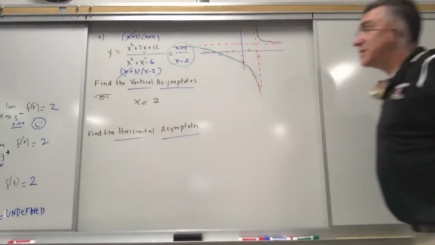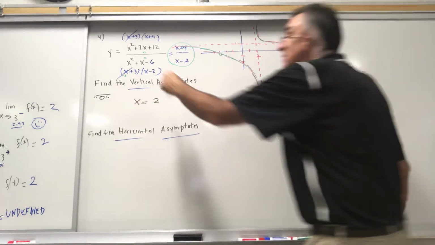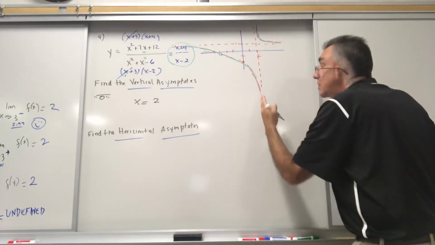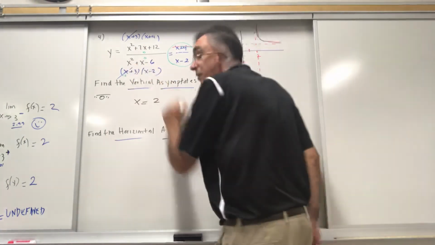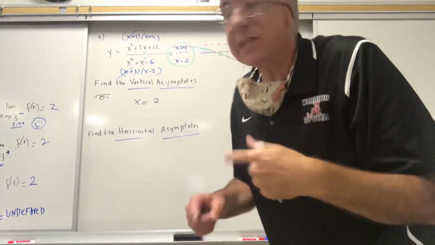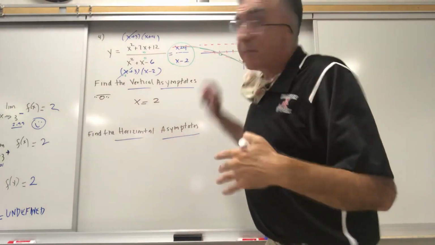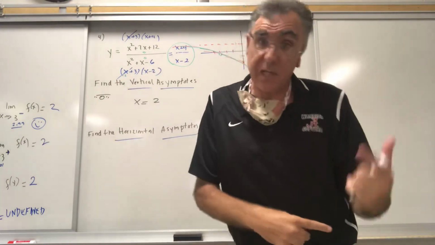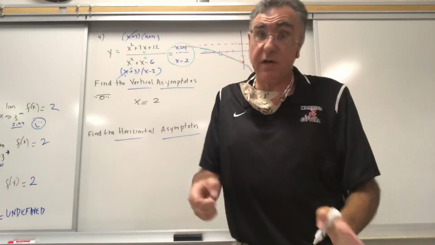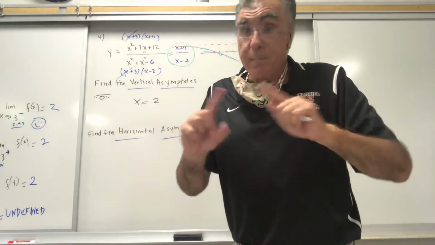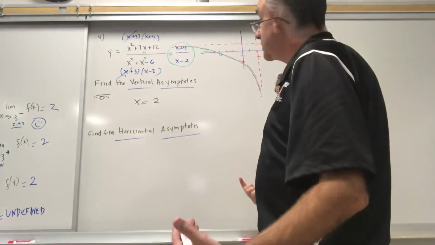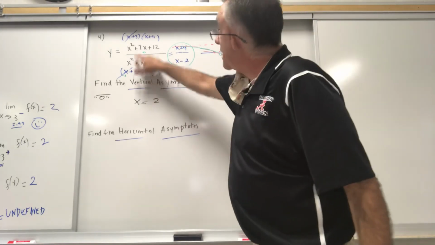We don't count the -3 because it's a 0 over 0. We'll notice that we're not going off to infinity there. So you only have one, even though how they'll ask us on the AP exam is they will have multiple choice. And one of them will be, say, 2 and -3. And a lot of people put the -3 because you think if you can divide by 0, it's going to cause a vertical asymptote. Not always. Not always, right? It only causes a vertical asymptote if it's not 0 over 0.